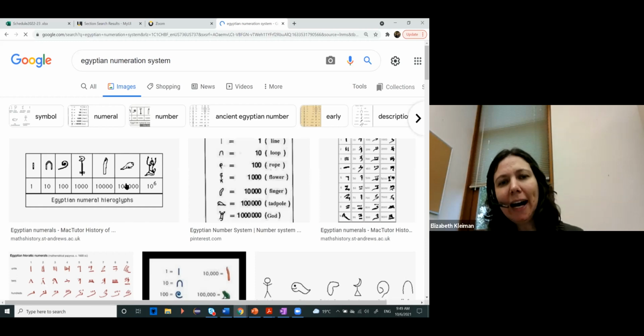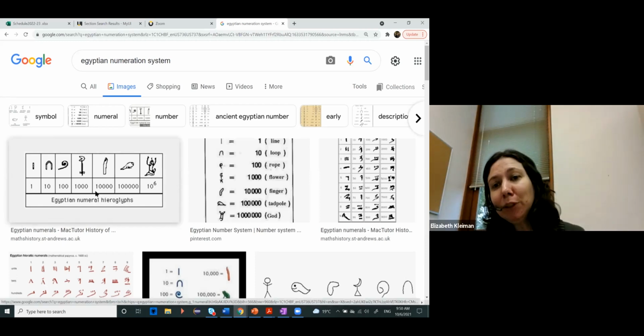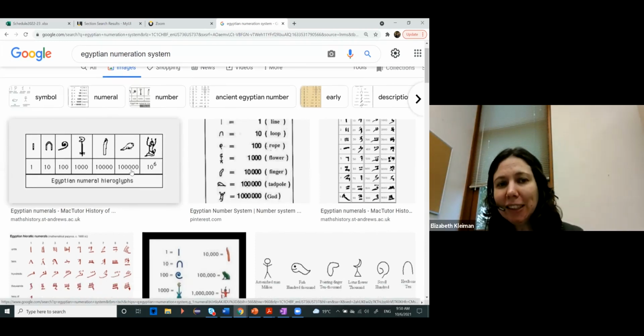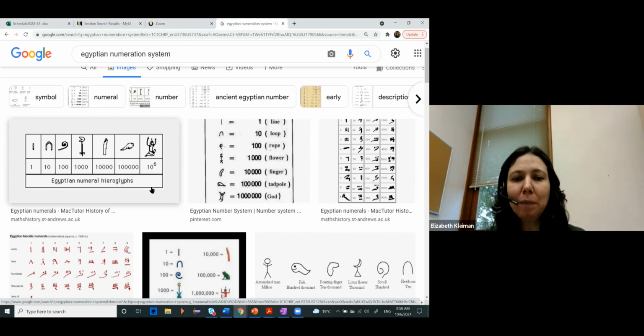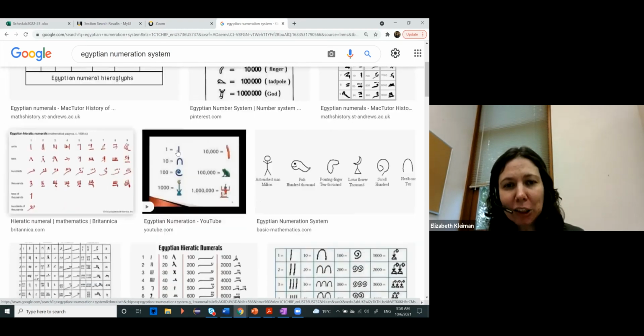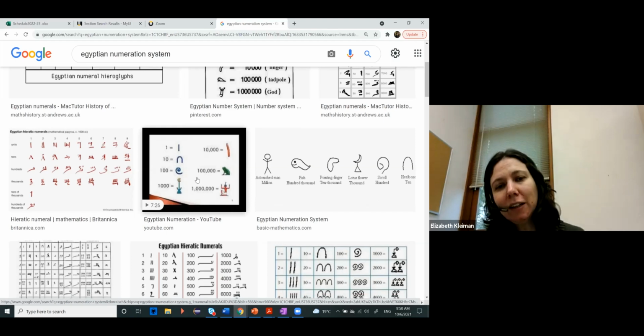So this is how Egyptians represented their system, which was also a base 10 system, but they represented it using different symbols. You can see a line is going to be 1. This intersect sign is 10.